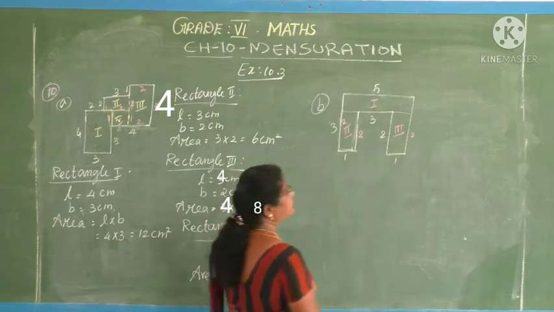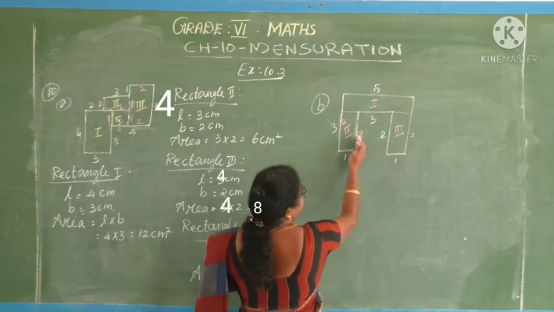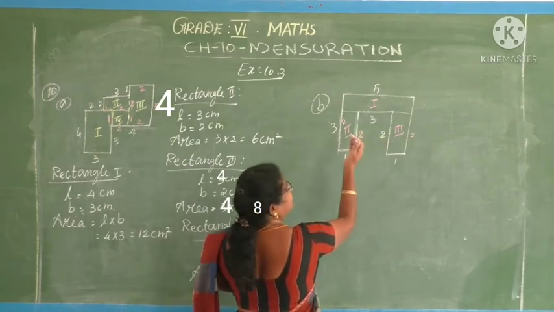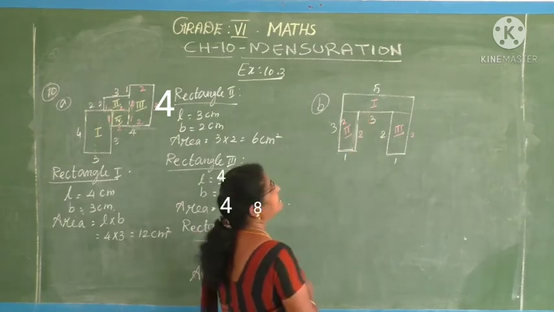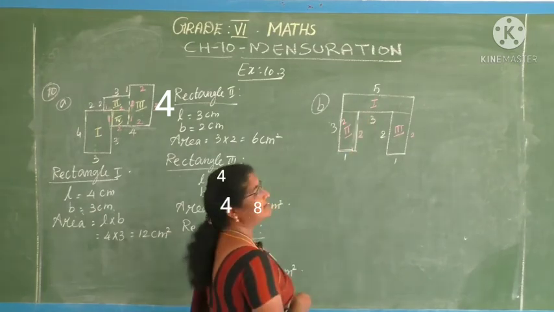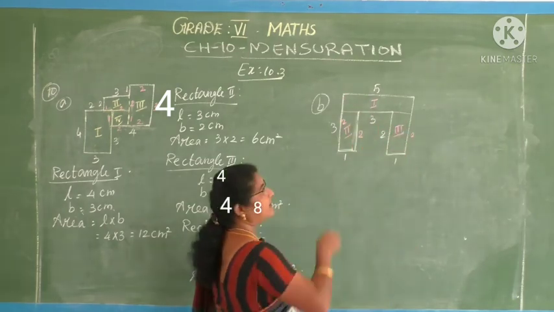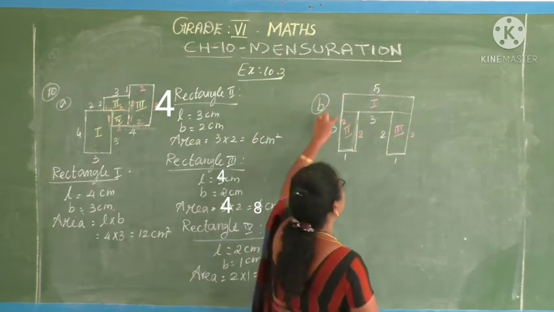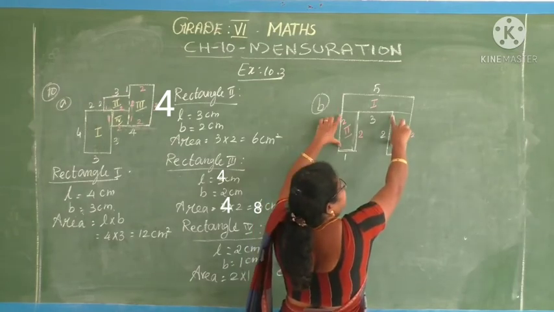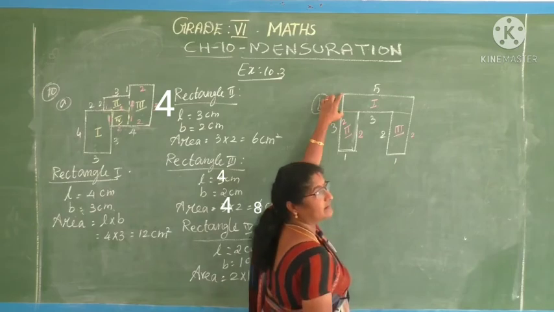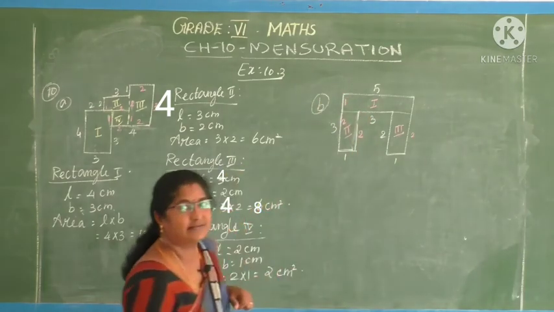For rectangle 3, the length and the breadth are given directly. From this we identify the length of the second rectangle is 2. Now the length and the breadth of the first rectangle: length is 5 centimeter. For the breadth, the total whole length is 3, but this distance is 2. So what will this one be? 1 centimeter.